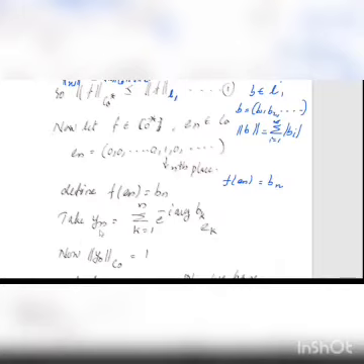Now you take yn equal to sigma k equal to 1 to n e to the power minus i into argument of bk into ek. As you have studied in your complex classes, when you take the norm of this, you will get exactly 1. So this value is equal to 1.